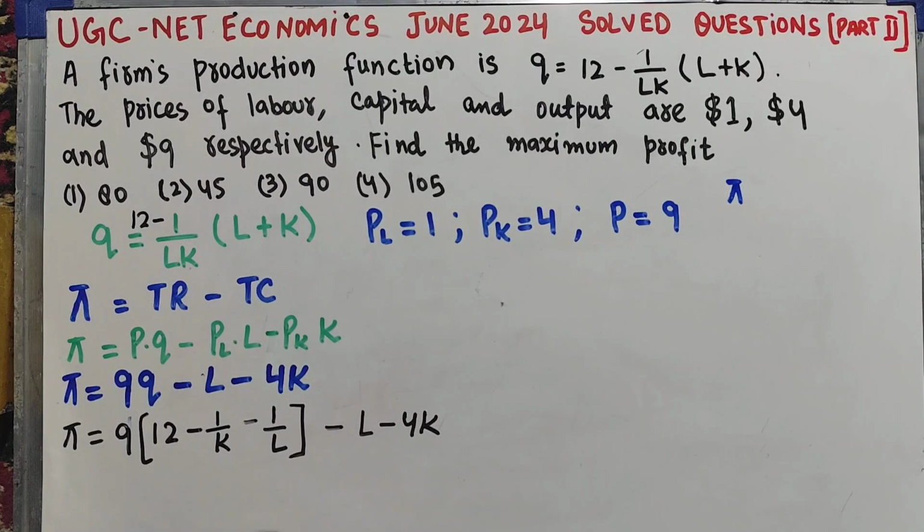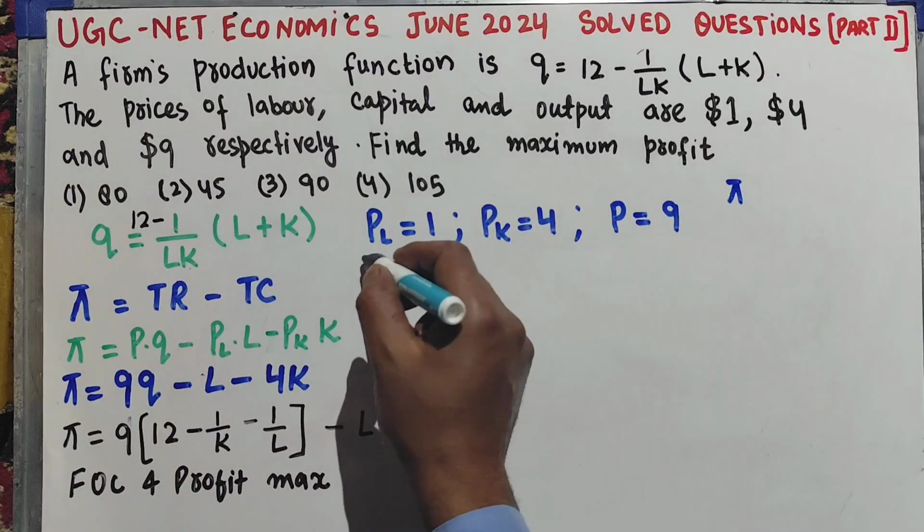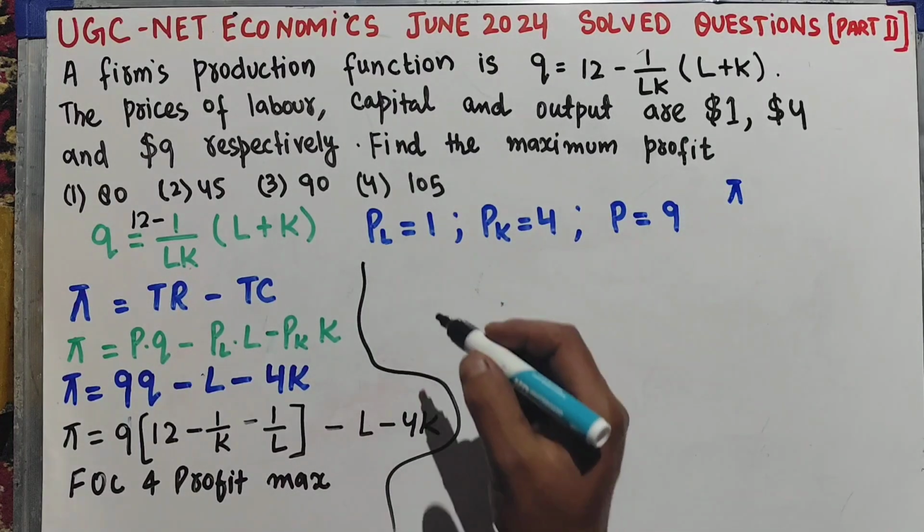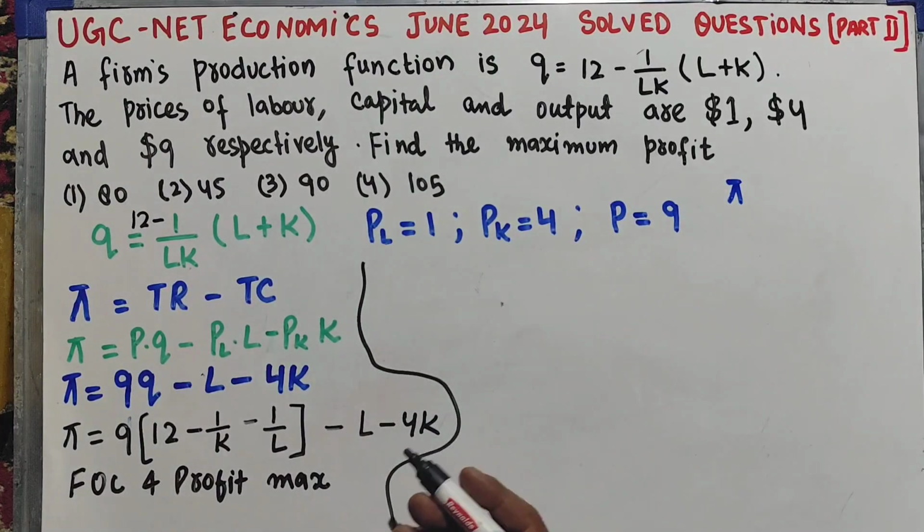Now what is the first condition for profit maximization? Since we have two variables here, I will write a first order condition for profit maximization. Profit maximization requires that the marginal profit with respect to K and L should be equal to 0.